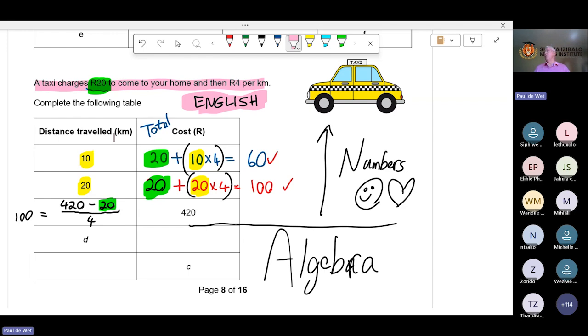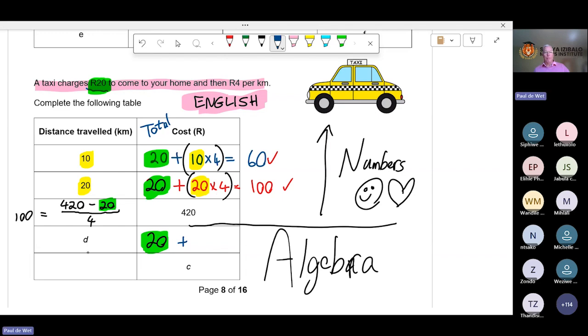Okay. So, guys, if I do d kilometers, what will the answer be? And I'm seeing a whole lot of you getting it right. Okay. It's going to be 20. Why 20? Well, because we've got that green 20 that we always have. Look, do you see? And I'm hoping my highlighting is helping. Remember, we always had the 20. And then what did we have? Then we had the number of kilometers times by 4.